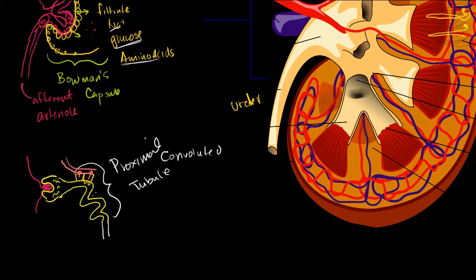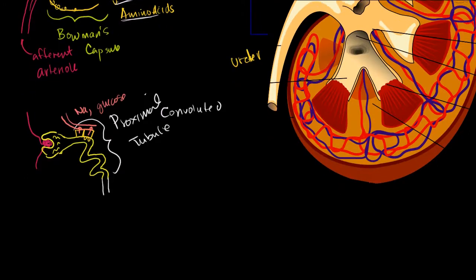And maybe a little bit of our water. So we're pumping back some sodium, some glucose, and we'll start pumping a little bit of the water back in because we don't want to lose all of that water. If all of the water that was originally the filtrate was just leaving in our urine, we'd be excreting gallons and gallons of water every day, which we do not want to do. So that's the whole point. We're starting the absorption process.